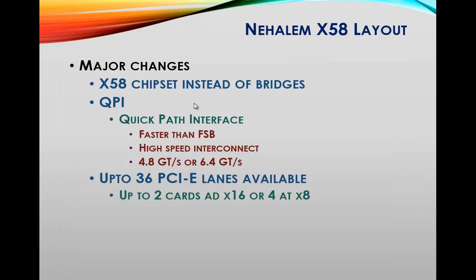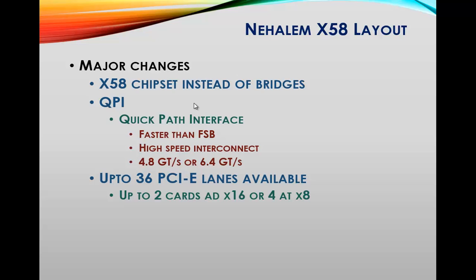So essentially, in a nutshell, you've got your X58 and your 1366 processor socket that can handle up to 36 PCIe lanes. That means that you can connect up to 2 graphics cards at x16 or 4 graphics cards at 8 lanes, and this way you'll be able to handle a large amount of data transfers.